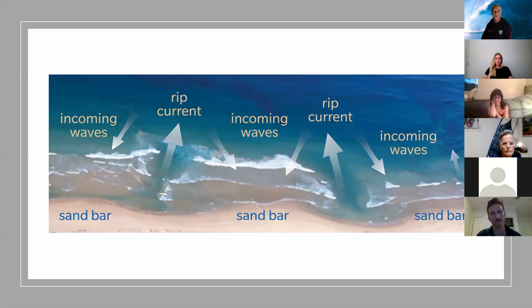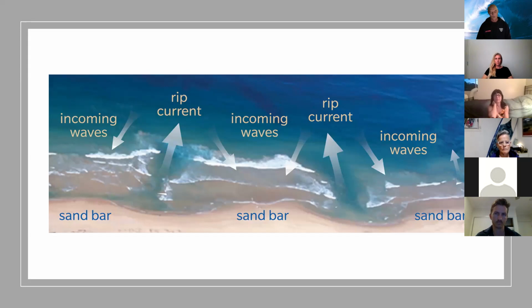I try to pick quite a definitive one. It's not always easy to see rips because they can be somewhat secretive, but generally they look like that. It's like a river rapid that moves in the opposite direction of where the whole ocean is coming from. So they do stand out, but at times they don't.